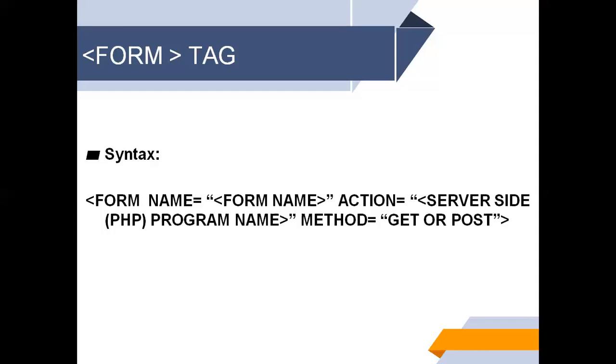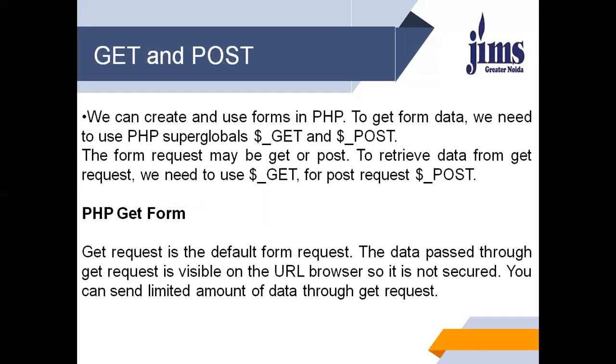Get is the default method. Before the browser sends the information, it encodes it using a scheme called URL encoding. In this scheme, name-value pairs are joined with an equal sign and different pairs are separated by an ampersand.